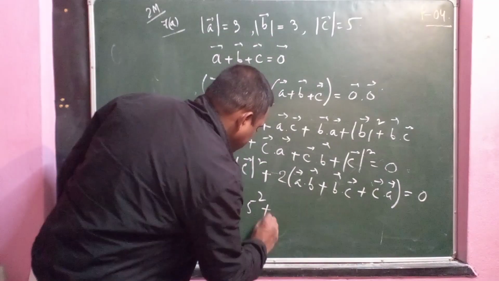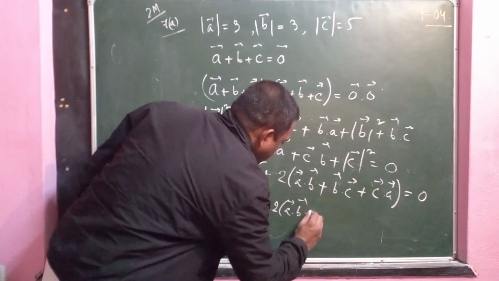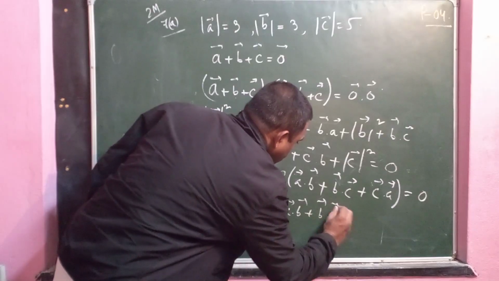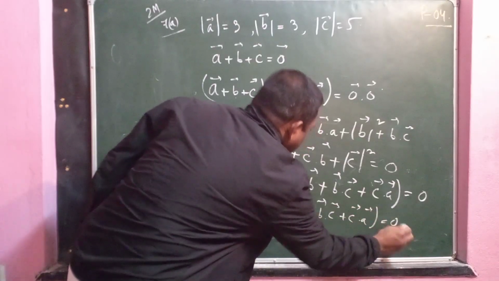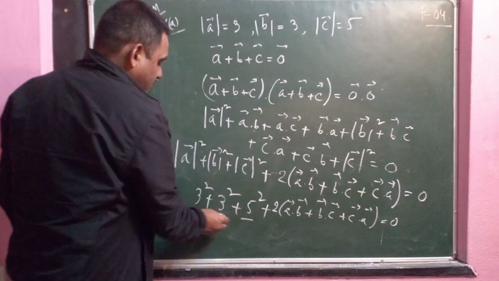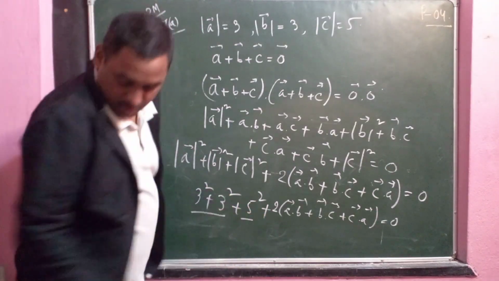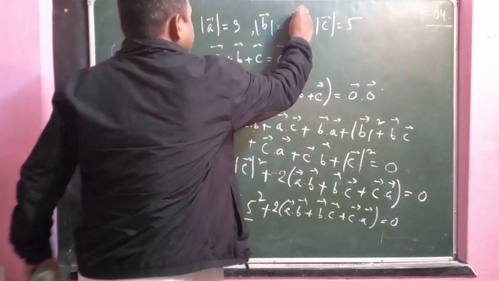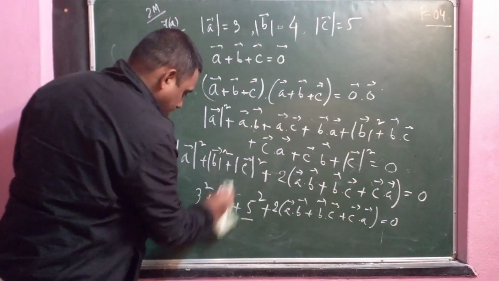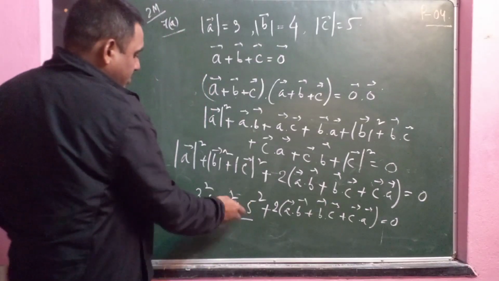Then 2 times (A dot B plus B dot C plus C dot A) equals 0. 25, 9, 9, sorry, this will be 5 square, remember, this is 25. So 9 plus 9 plus 25 is 43... sorry, mistake. This is 4 square. 16, 9, 25, 50.